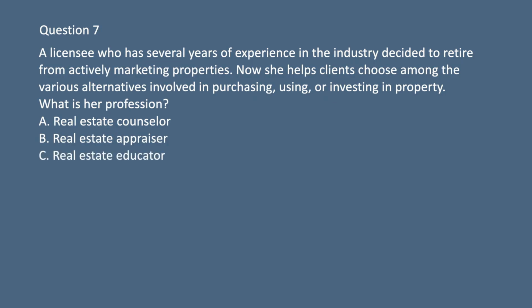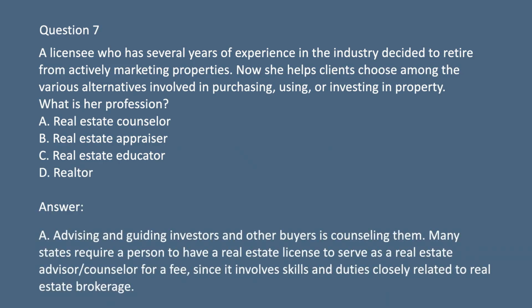C. Real estate educator. D. Realtor. Answer: A. Advising and guiding investors and other buyers is counseling them. Many states require a person to have a real estate license to serve as a real estate advisor or counselor for a fee, since it involves skills and duties closely related to real estate brokerage.